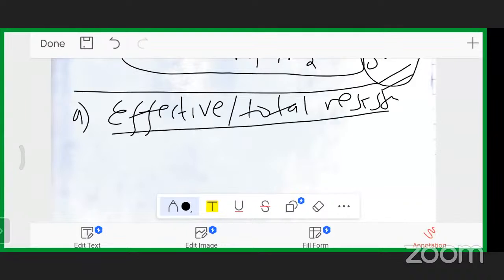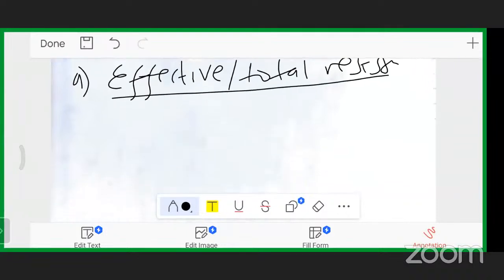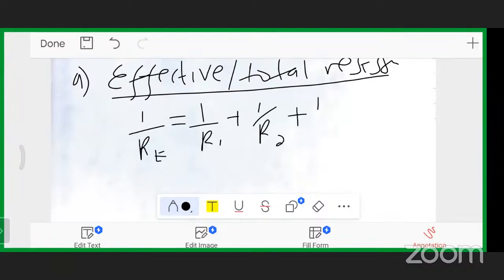Total resistance. There are three of them. So our formula says that 1 over R effective should be given as 1 over R1 plus 1 over R2 plus 1 over R3.